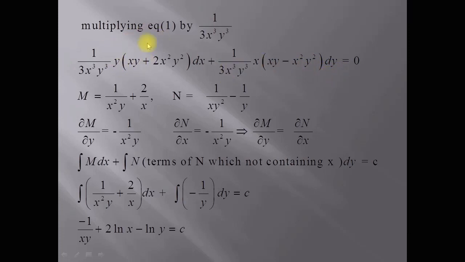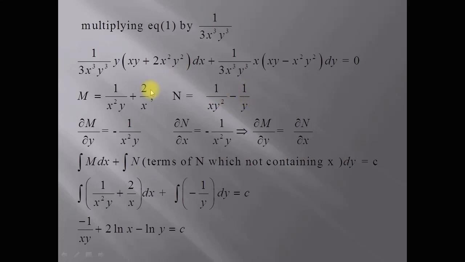Now after simplification, this is the new differential equation, and the new M function is 1/(x²y) + 2/x, and the new N function is 1/(xy²) − 1/y.